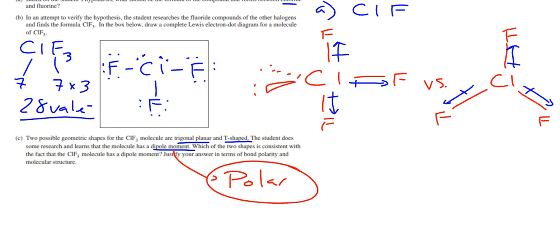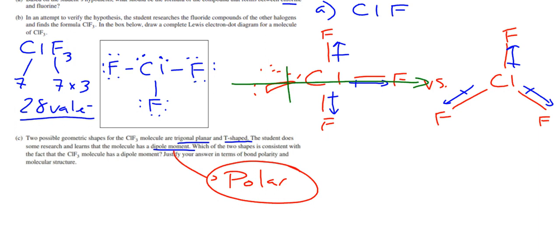Explain why this has greater polarity than that. You never say anything about the lone pairs. They don't care about it. It's not a reason. All you need to talk about is being symmetrical or asymmetrical, and then you need to talk about dipoles either canceling out or not canceling out.